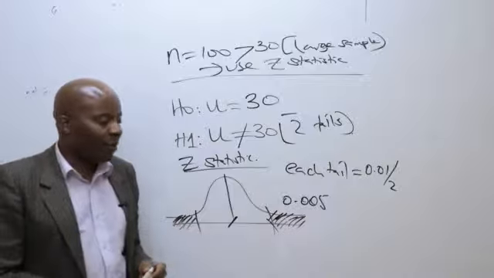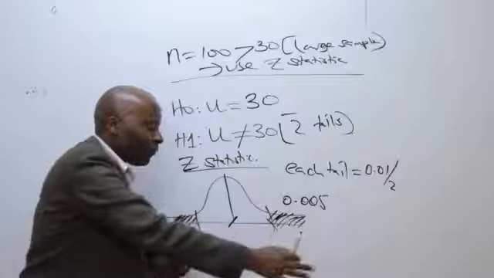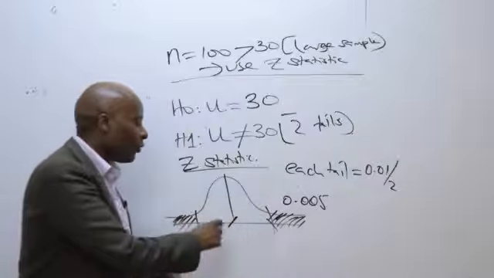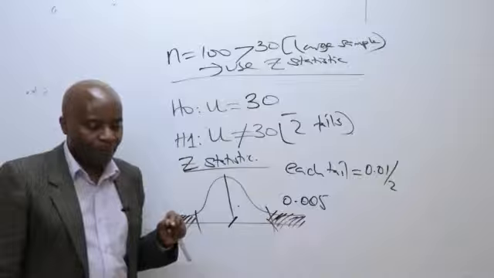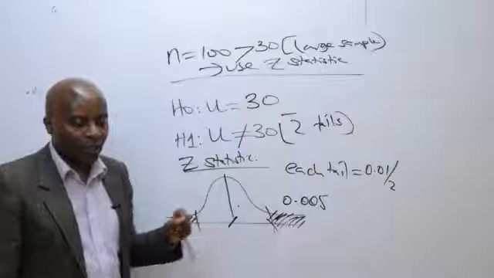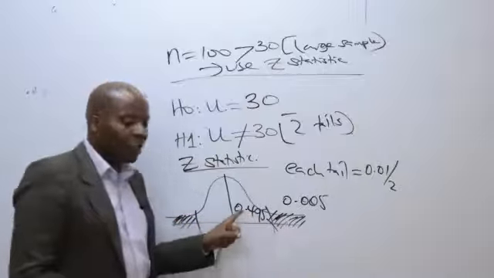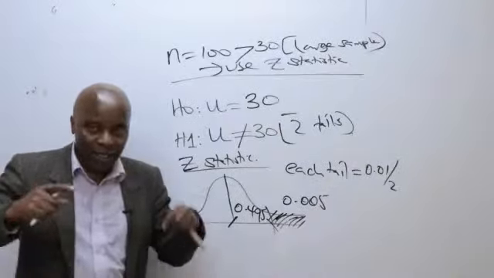So 1 divided by 2 gives me 0.5. Then we have this small shaded area of 0.005. Therefore, this one will be 0.5 minus 0.005, which gives me 0.495.